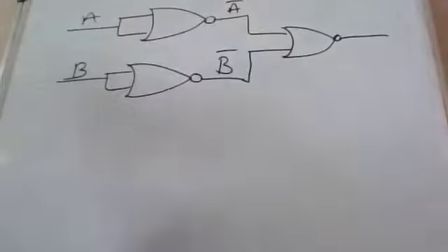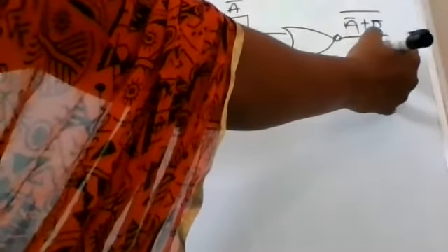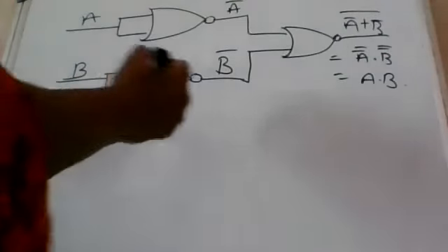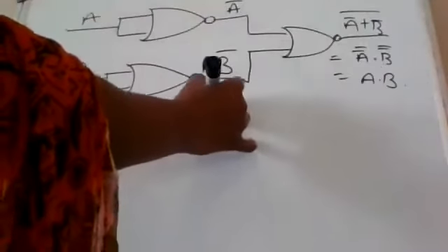So what is the NOR gate output? A plus B complement. A complement plus B complement whole complement equal to A dot B. This is the AND gate output.